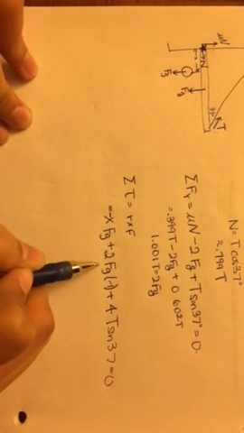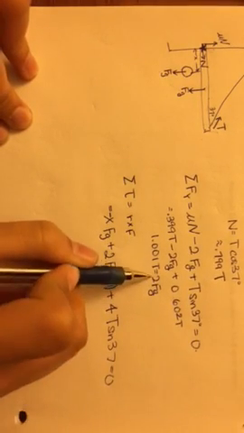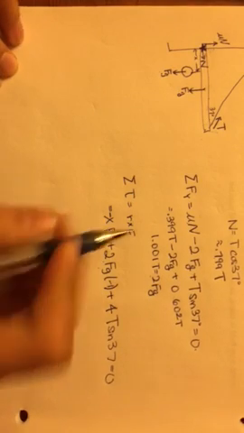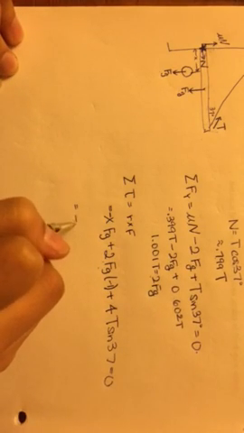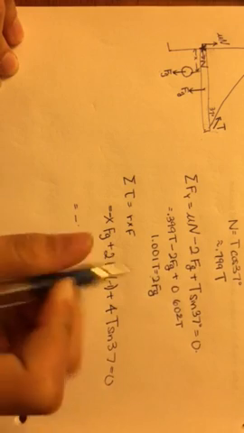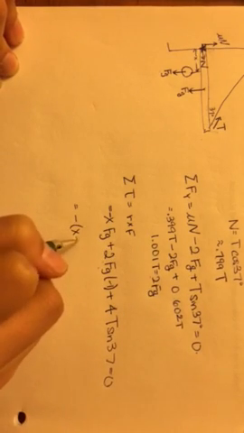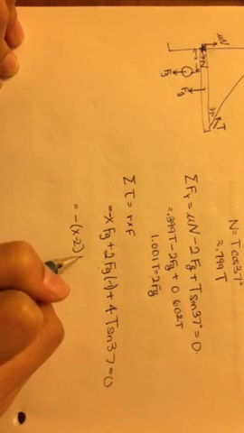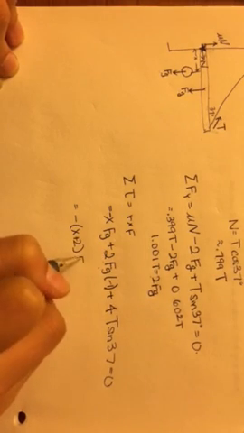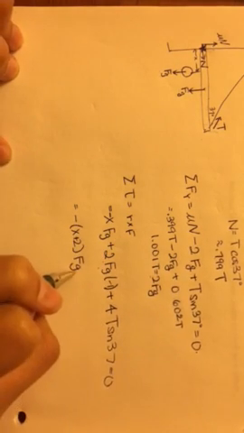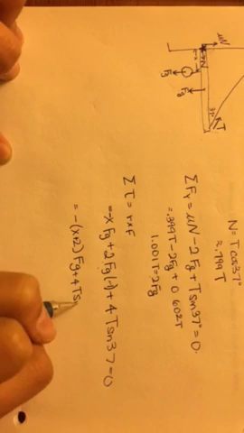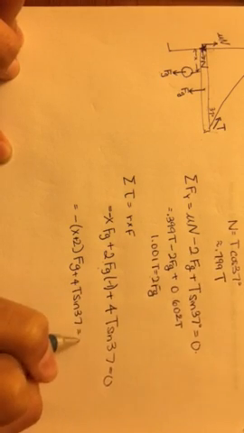Okay, and here you can plug this into here to give you negative x minus 2 of negative x plus 2Fg plus 4T sine 37 is equal to 0.